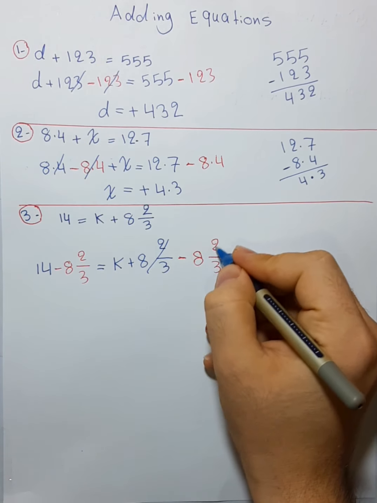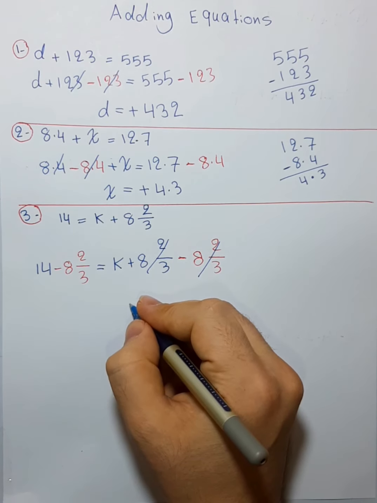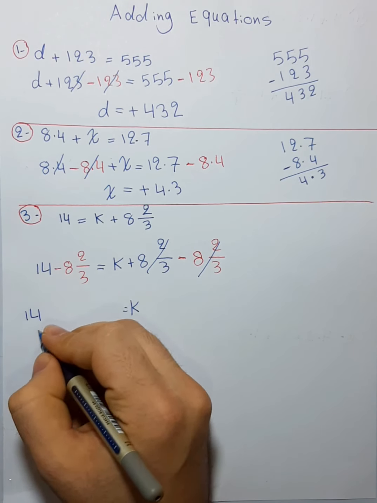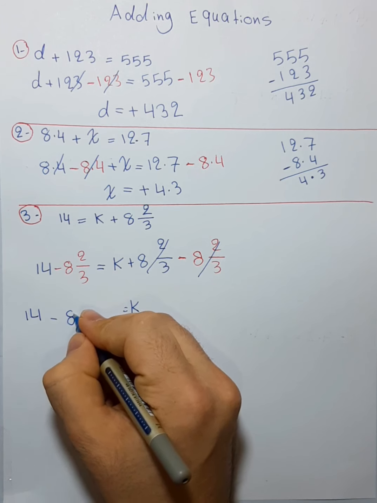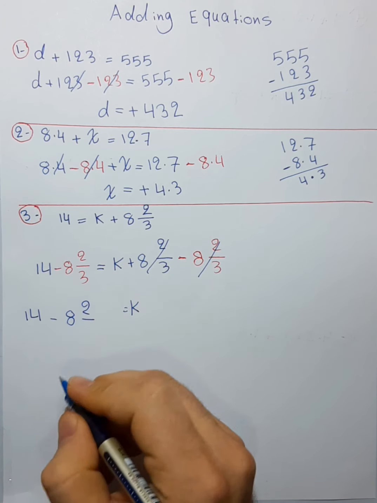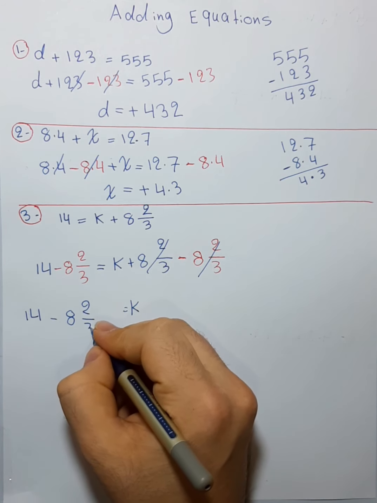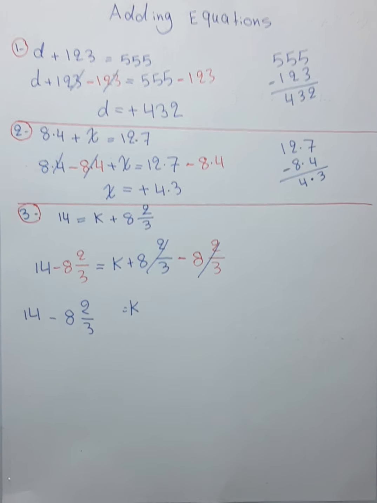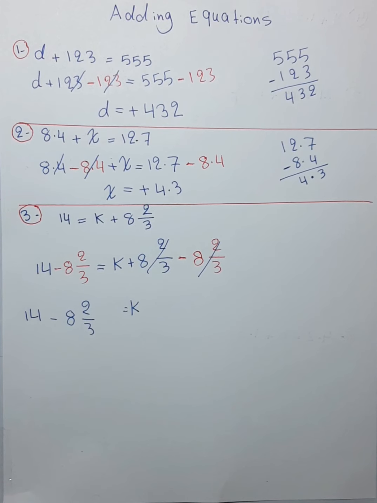These two numbers equal to 0, so k equal to 14 minus 8 and 2 out of 3. Now we have 14 minus 8 and 2 out of 3.